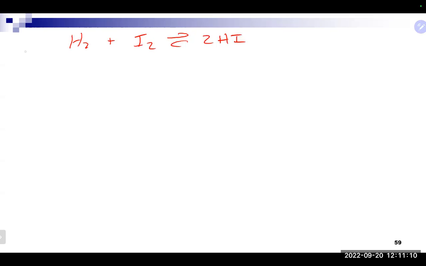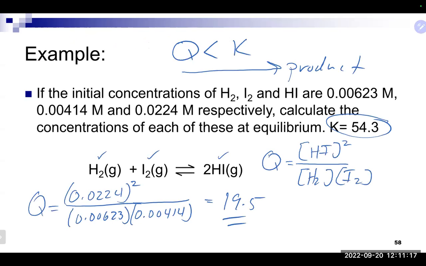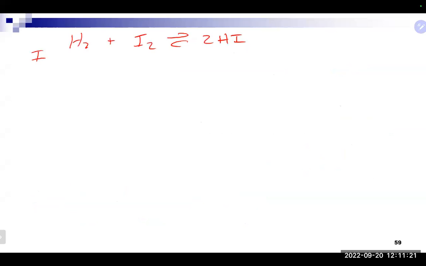And we have an initial of everybody in here. So our H2 there was 0.00623. Make sure I get in the right spot there. 0.00623. Our I2, 0.00414.